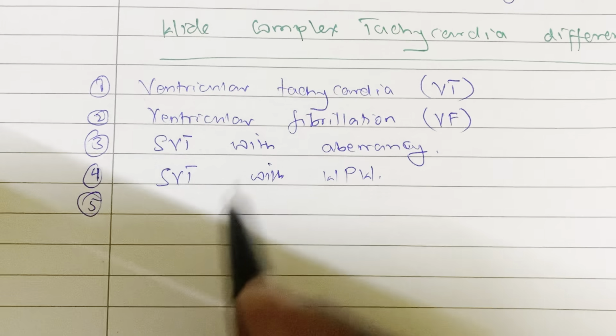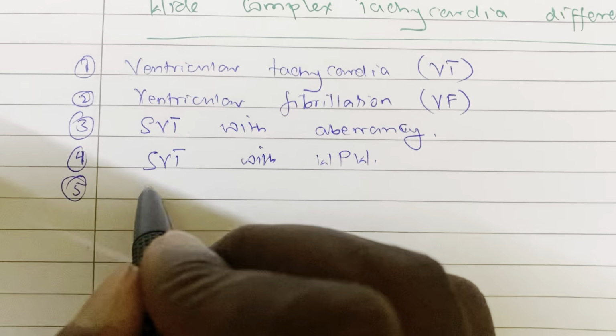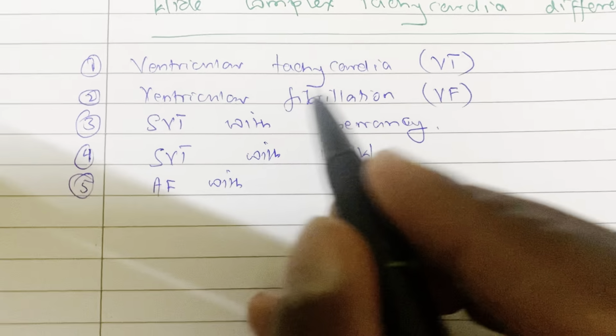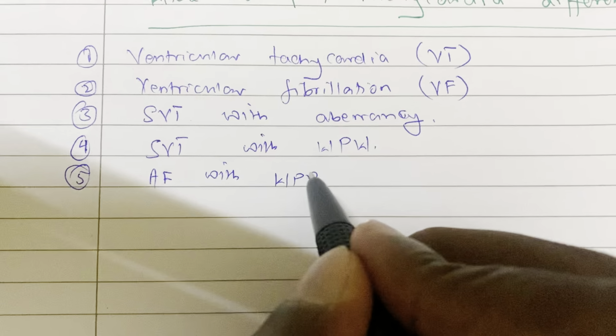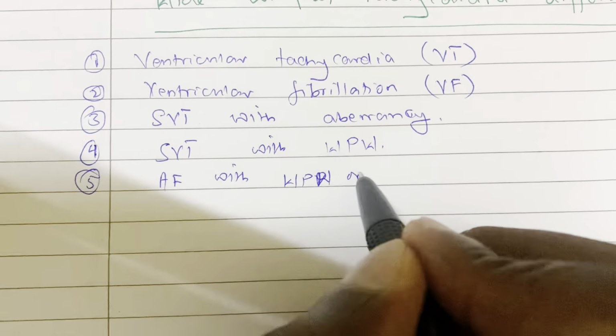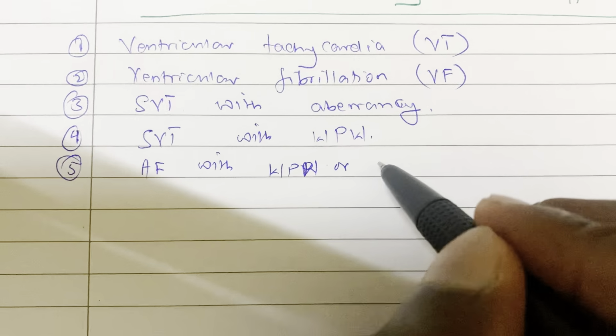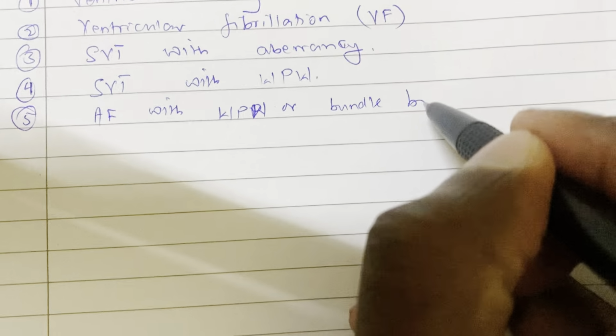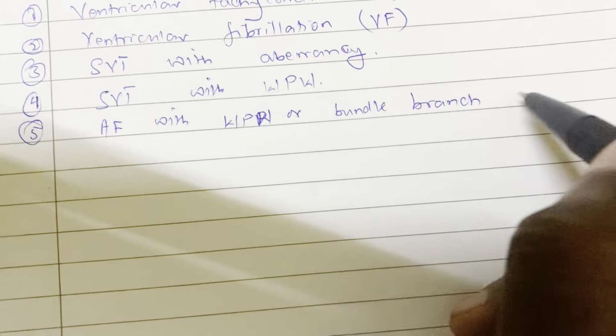Five, you can have AF with the WPW or bundle branch blocks.